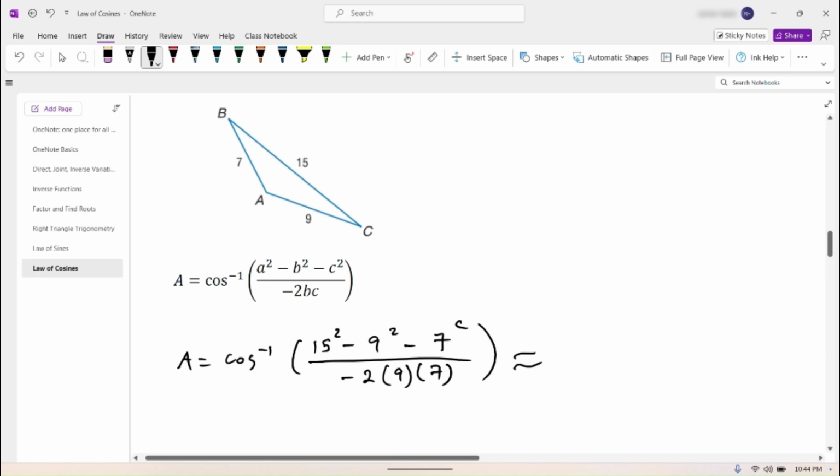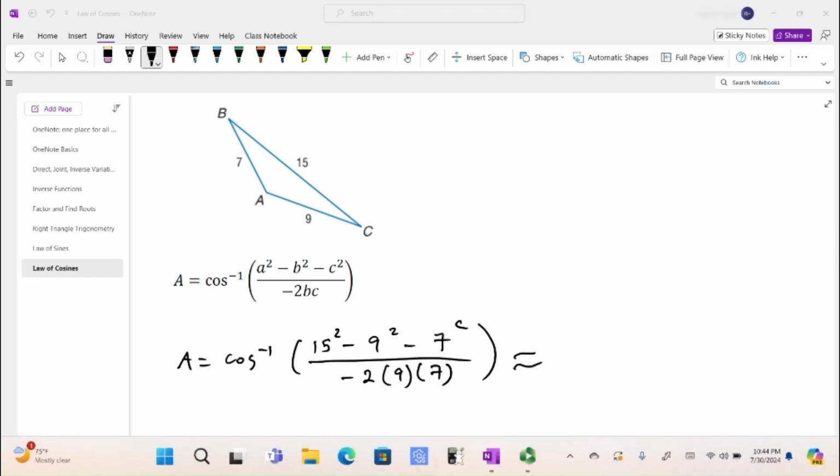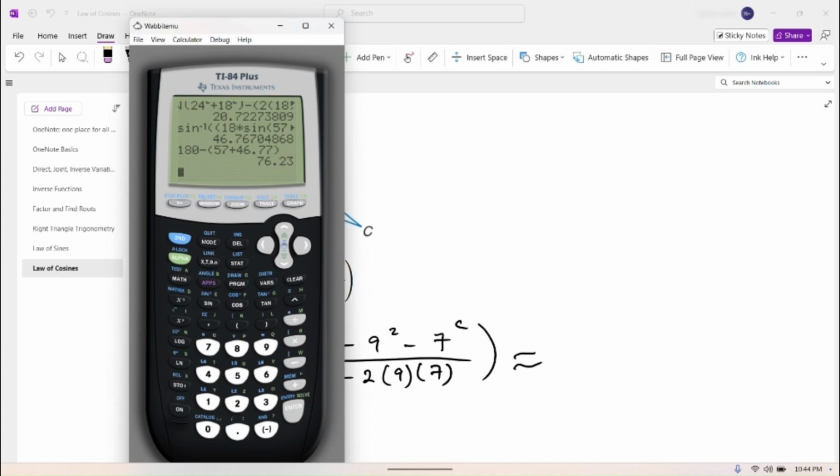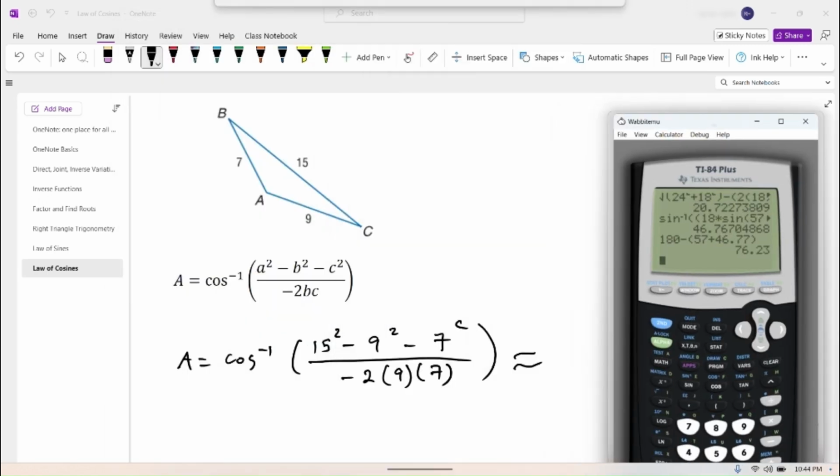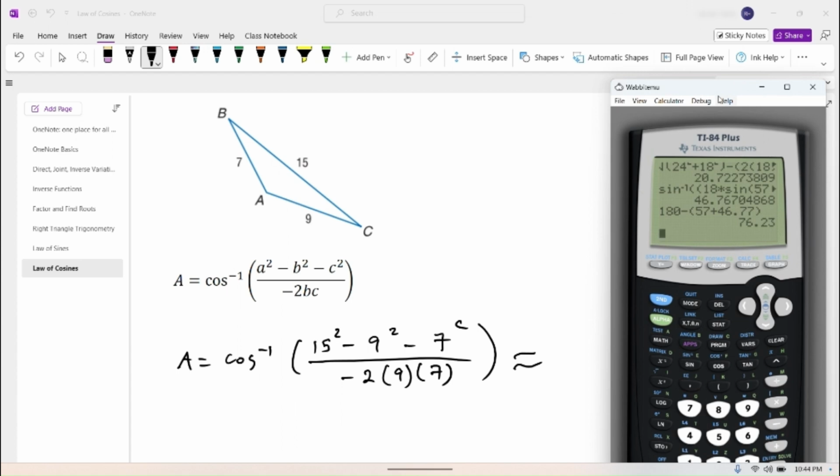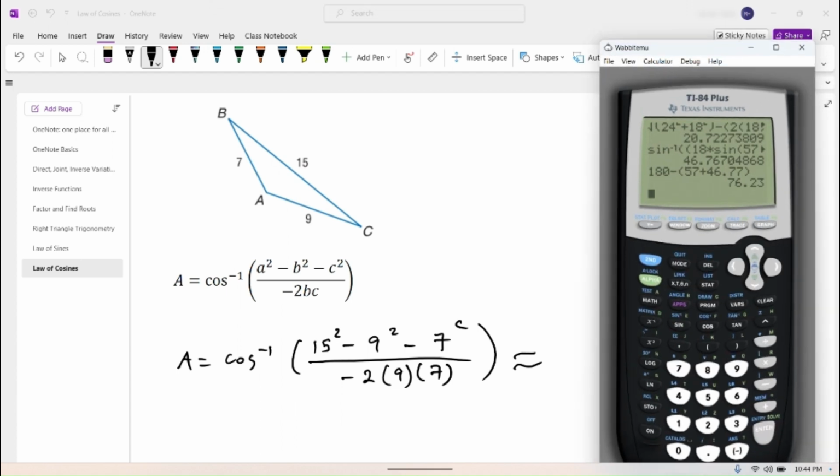All right, so we can now approximate a number using our calculator. Let's bring our calculator over here. I'm going to do it in chunks here. 15 squared minus 9 squared minus 7 squared, divided by negative 2 and then 9 times 7.